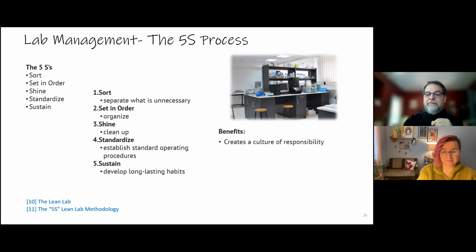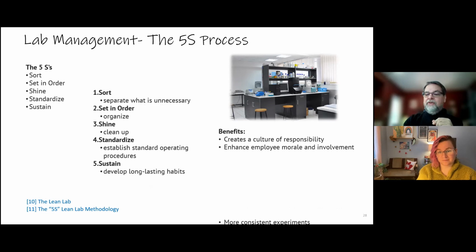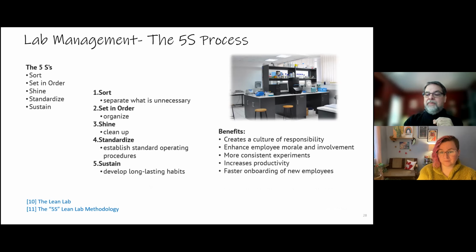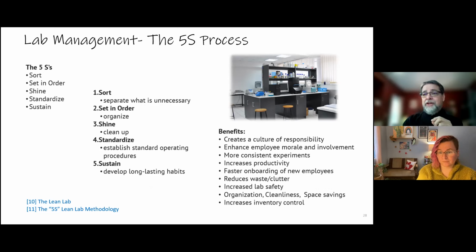And the benefits, you can obviously see where the benefits would be here. Talked about some of them. There's many. And so, again, I commend this reading, and this is something you could probably start doing in your lab tomorrow.